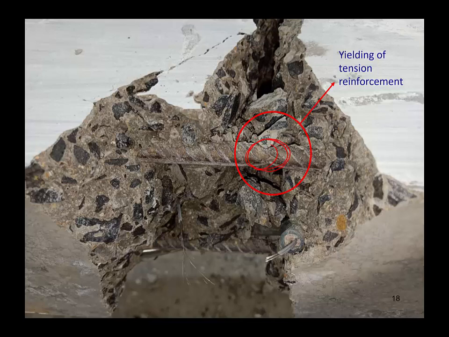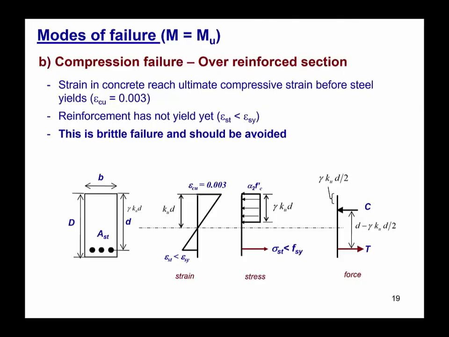That means the steel yielded first, and then the concrete started crushing, which is the typical behavior of tension or under-reinforced sections. So that is one typical kind of failure, that is a tension failure, where the steel will yield first, and then the concrete will reach the compressive strain, that is 0.003, and the beam is considered to have failed.